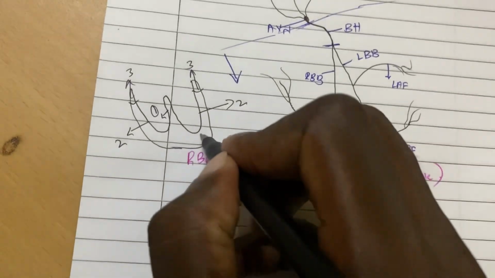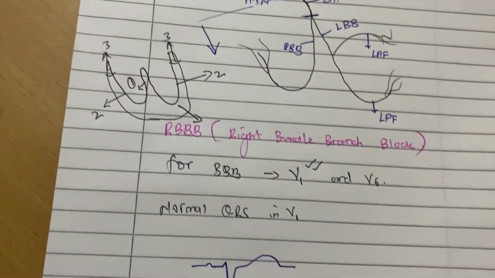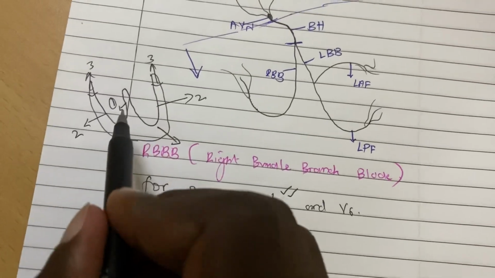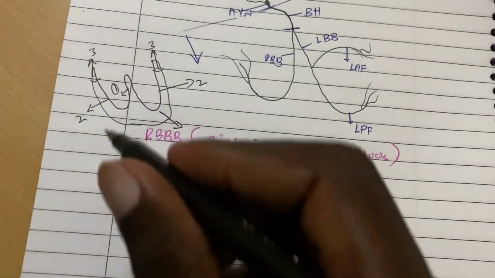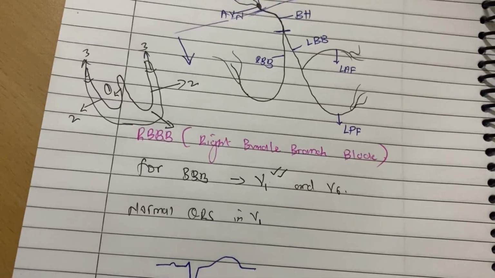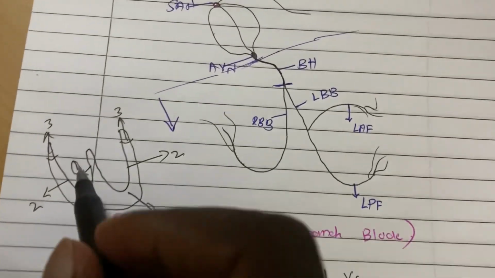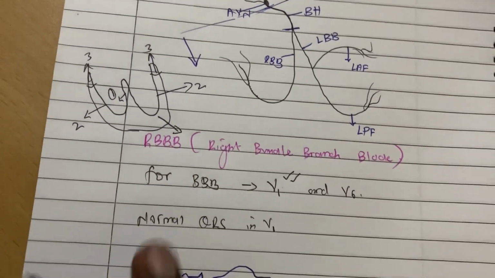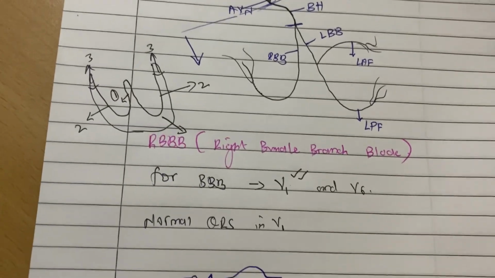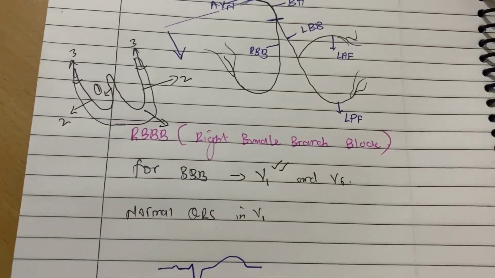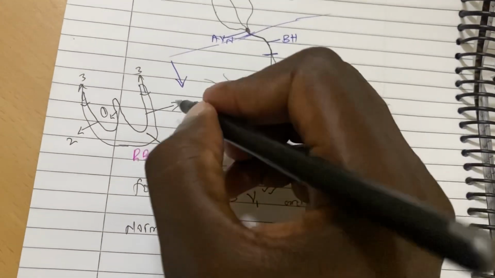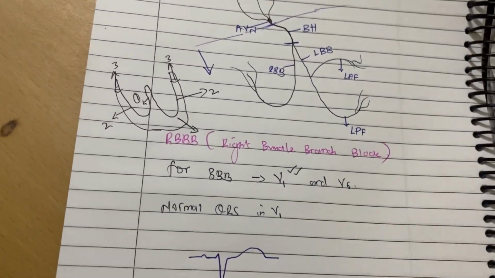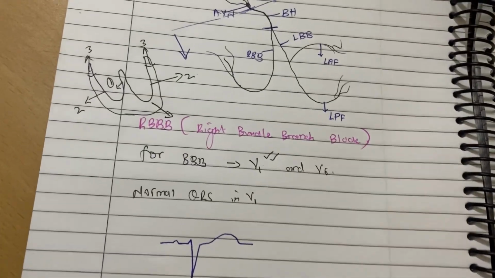The net of free wall depolarization was going this side. We said the septum depolarizes from left to right, so this r, since it's number 1, is for septal depolarization. But since 2 goes in the same direction, we get the sum of septal and free wall depolarization, and then we subtract whatever is going on the left, and whatever is remaining will go to the left.